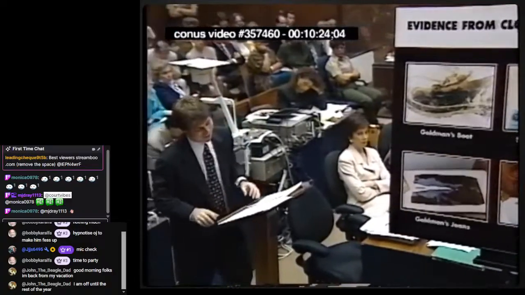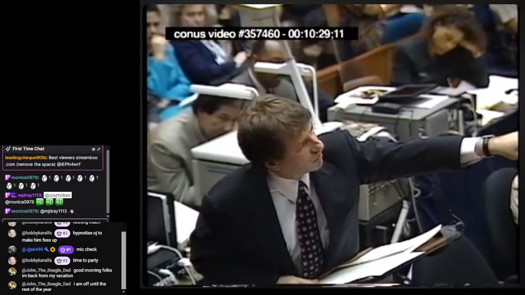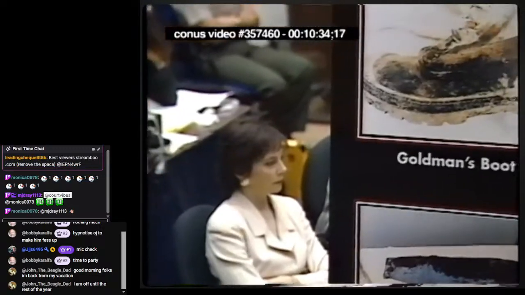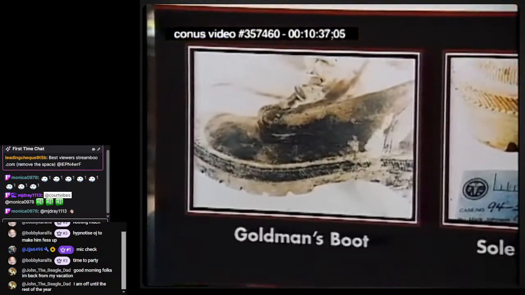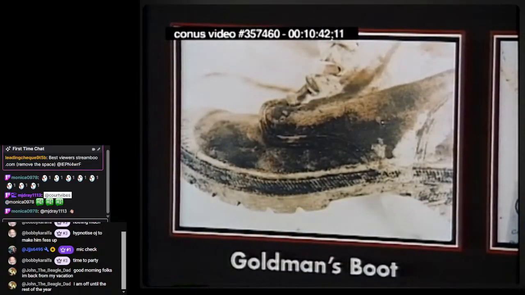I'd ask you to discuss the significance of the first picture showing Mr. Goldman's boot. What does the bloodstain pattern and dirt patterns there indicate? The bloodstain pattern basically is a saturated pattern, which indicates a large amount of blood had deposited onto the surface.